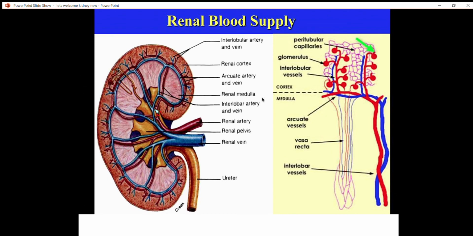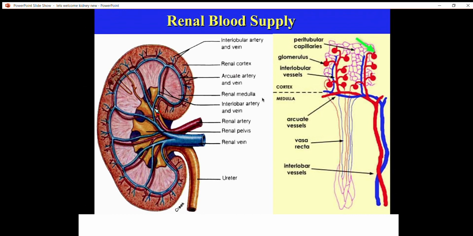The point to be noted is that these branches move through the medulla, reaching the cortex, but they are not supplying the medulla. Very important. Again, the renal artery is dividing. I am not going to name the branches; the names are written there, interlobar, arcuate arteries, and so on.